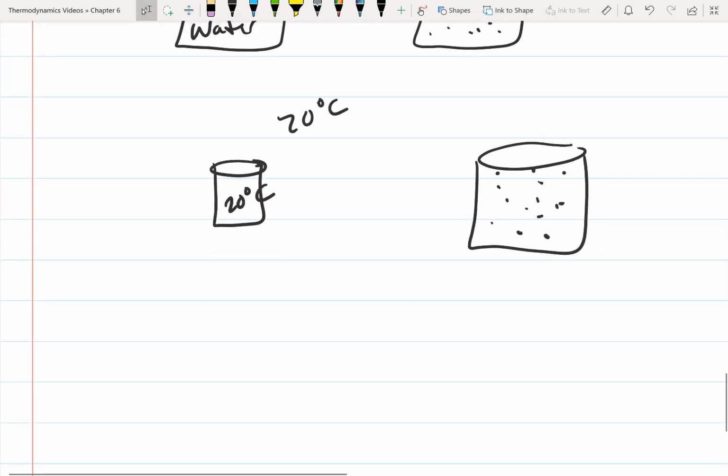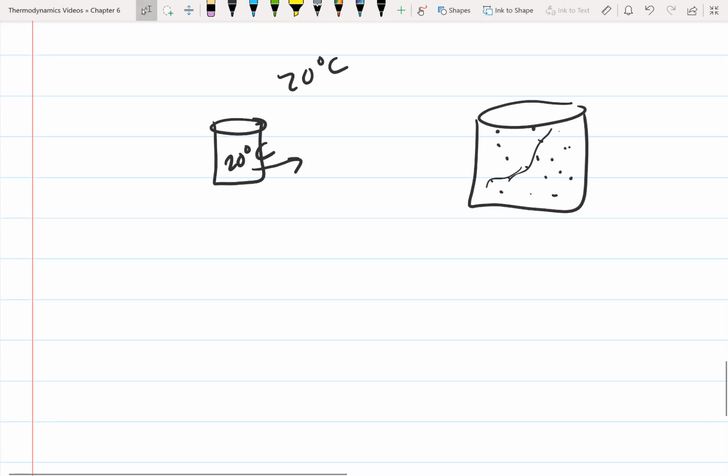So we know that this soda isn't going to just spontaneously start losing heat and return to the 5 degrees on its own. We also know that this food coloring isn't going to spontaneously all move to one side of the container and separate itself out. Like, we know that's not going to happen.